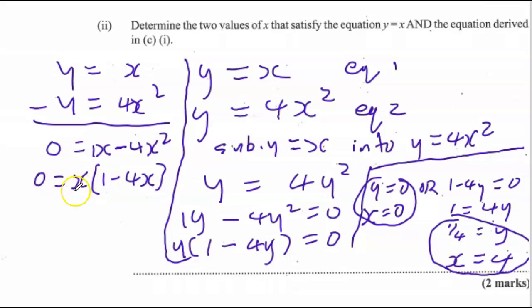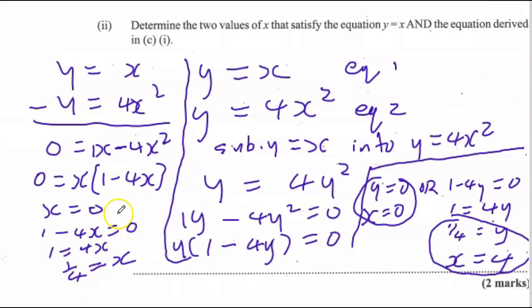And of course you equate both brackets to 0. So equate x to 0, and equate the other bracket, which is 1 minus 4x, to 0. 1 minus 4x equals 0. And if you solve this, you'll get 1 equal to 4x, which means x equal to a quarter. Divide both sides by 4, x equal to a quarter.